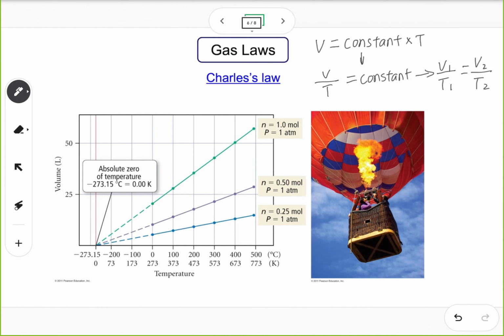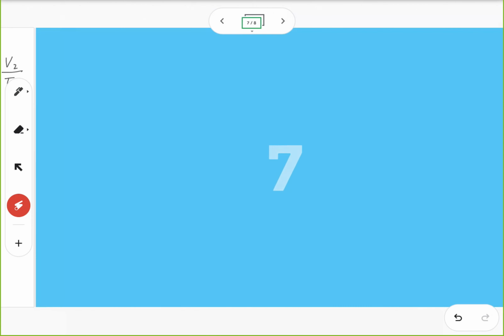So this is Charles's law, and this picture shows you how you inflate a huge balloon: you just need to heat it up. When you heat it up, the air inside the balloon will increase its volume, so the balloon will get bigger and bigger. So eventually, it will fly to the sky. So this is Charles's law.